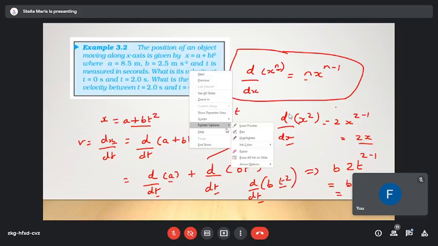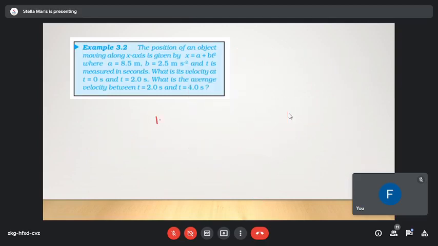So we found out velocity is equal to 2bt, and we also find it at t equal to 0 and t equal to 2 seconds. When t is equal to 0 seconds, velocity becomes 0 meter per second. When t is equal to 2 seconds, velocity becomes 2 into b, and b is nothing but 2.5, right?